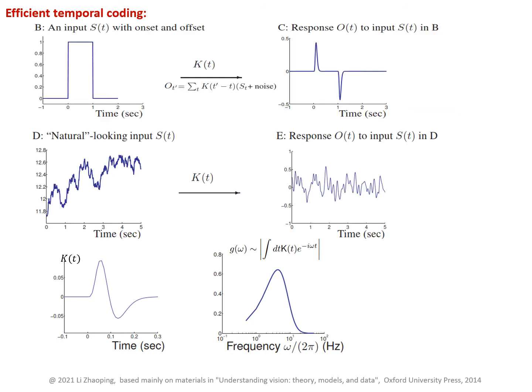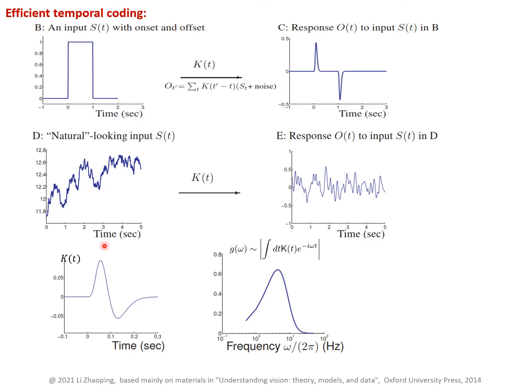We can compare this more artificial signal to this more natural-looking signal. In either case, the predictable part of the signals are more or less ignored, while the output response is more sensitive to input signal changes. For example, this peak perhaps corresponds to the response to the sudden rise here, and this dip perhaps corresponds to this sudden drop here.